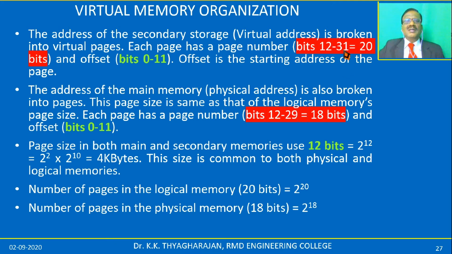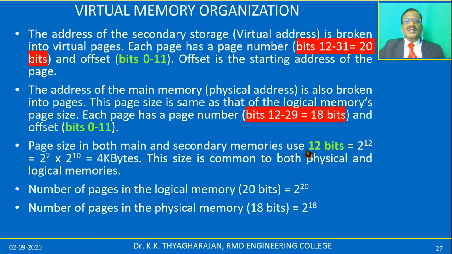So for secondary storage, 20 bits are used, but for main memory, only 18 bits are used to address the number of the page. But the offset is the same. It is using 12 bits, right? So the page size in both main and secondary memories uses 12 bits.